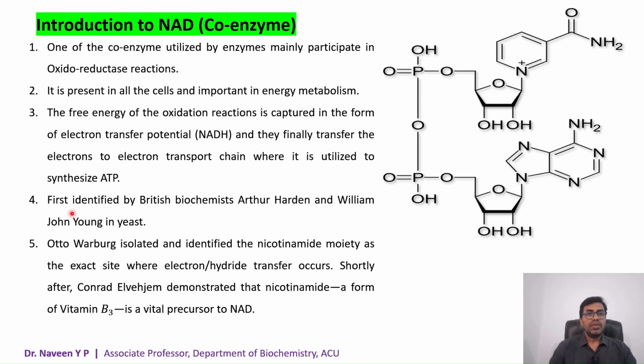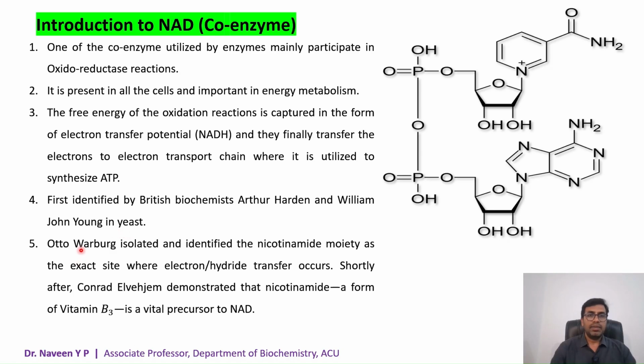This molecule was first identified by two British chemists, Arthur Harden and then William John Young, in yeast. Actually, it was identified as a heat stable component, which is very important for the fermentation of the yeast.